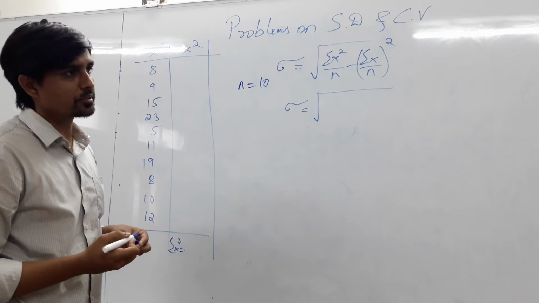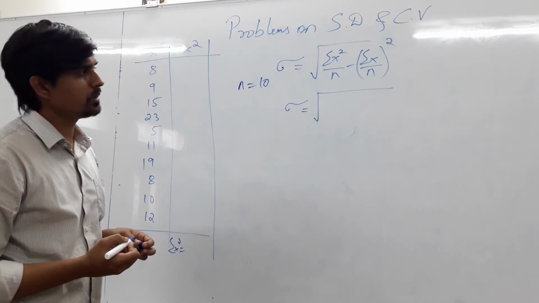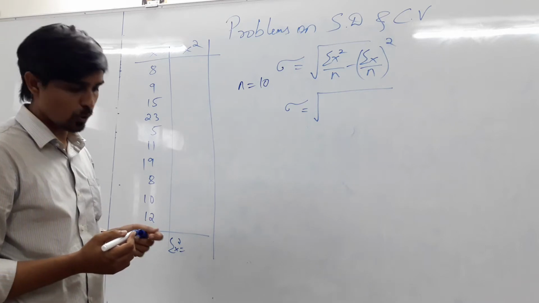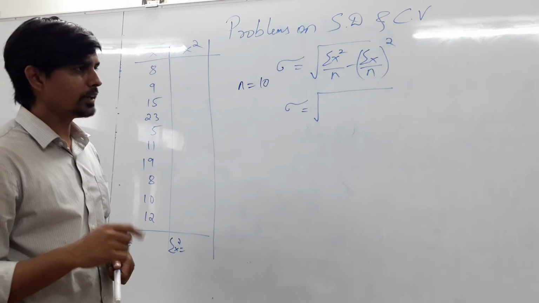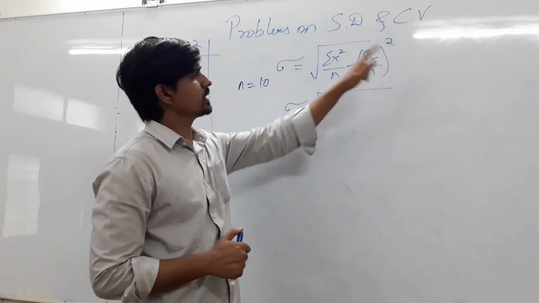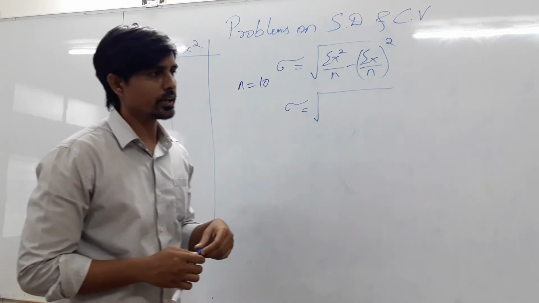If you see the formula, summation x square by n minus (summation x by n) whole square, it means you need two columns. One column is just summation x and one more column for summation x square.